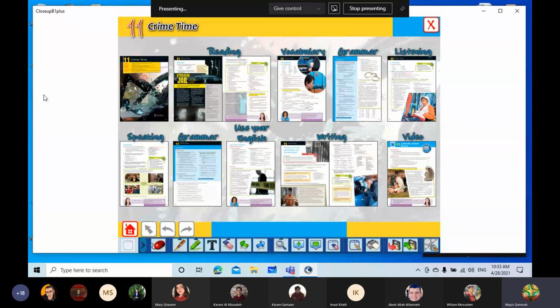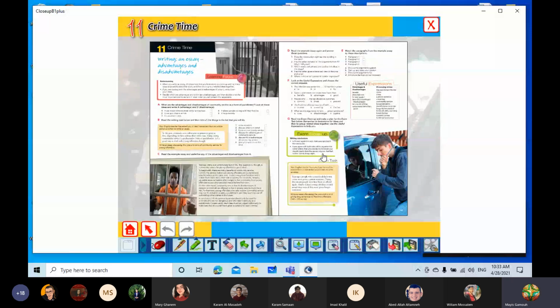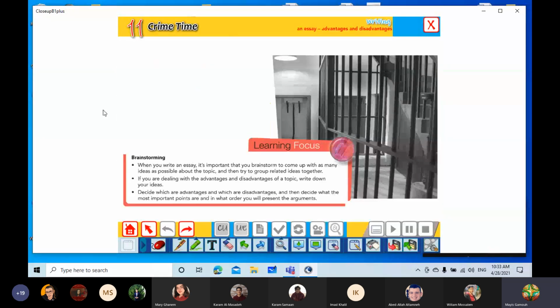I believe that you have the screen in front of you. In Unit 11, we will go to the writing section to continue what we started yesterday. On page 144, we talked about something called brainstorming. In order to write our essay, we have to have ideas.